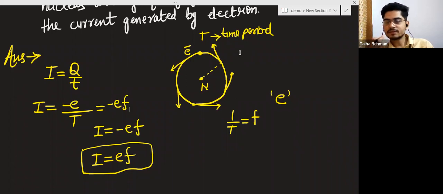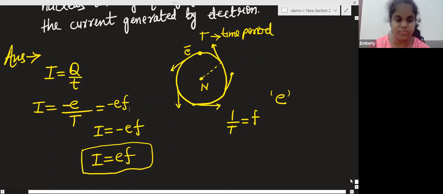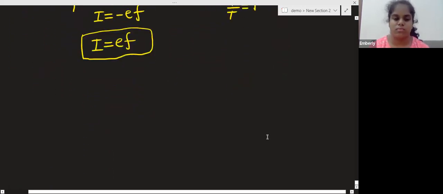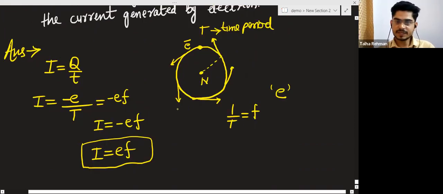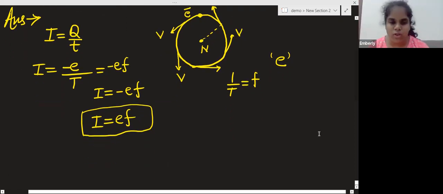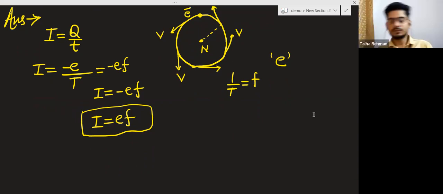Protons and neutrons. These arrows represent the velocity. So for magnitude, we do not have to take the minus sign, right? Yeah.